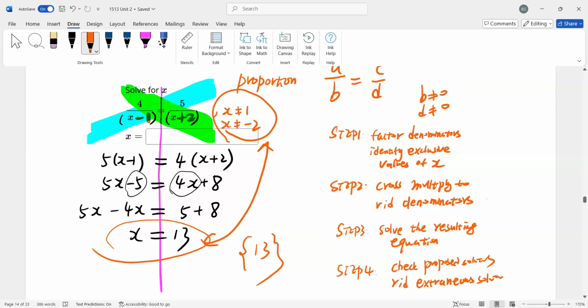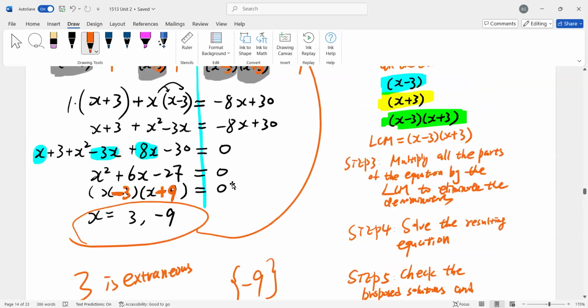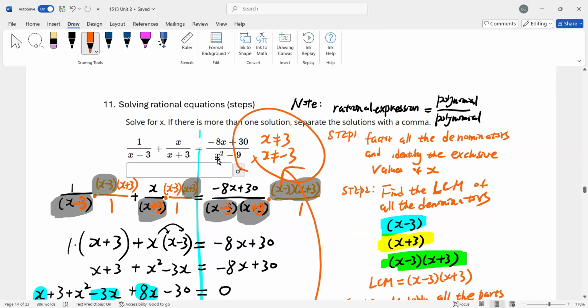Okay, one more thing before we move on. Why did we not do this when we solved a linear equation or a quadratic equation, but we have to consider extraneous solutions when we solve rational equations? It is because the rational equation has a domain as well, okay guys?